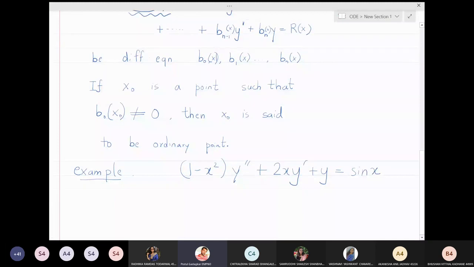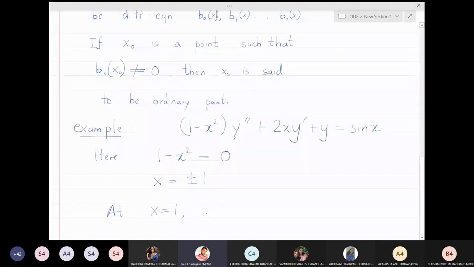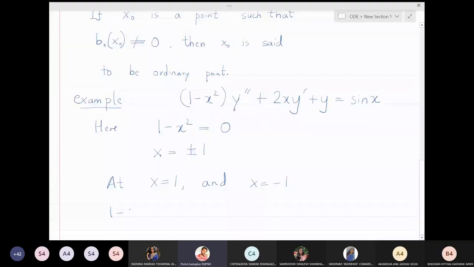Here 1 minus x square, if I put it equal to 0, I will get x equal to plus minus 1. At x equal to 1 and x equal to minus 1, this function b naught x will become 0.